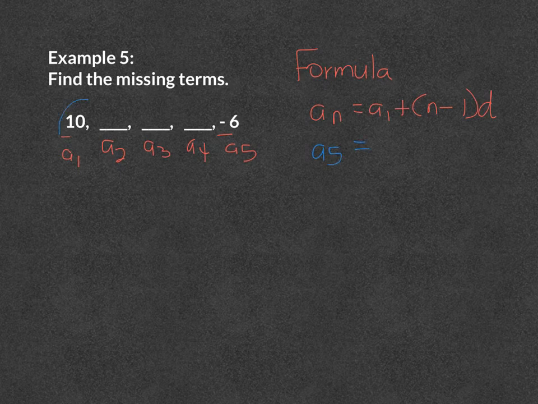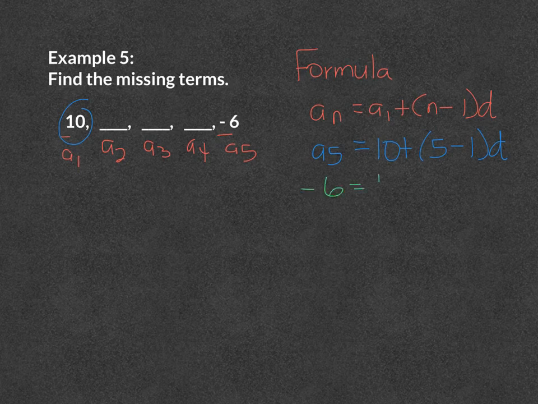A sub 1 is the first term, which is 10, plus n is how many numbers in the sequence? We know there's 5, minus 1 times d. We don't know what d is, and that's what we're solving for. So a sub 5, we know, is negative 6. Bring down 10, plus 5 minus 1 is 4, and I'm going to multiply that by d.